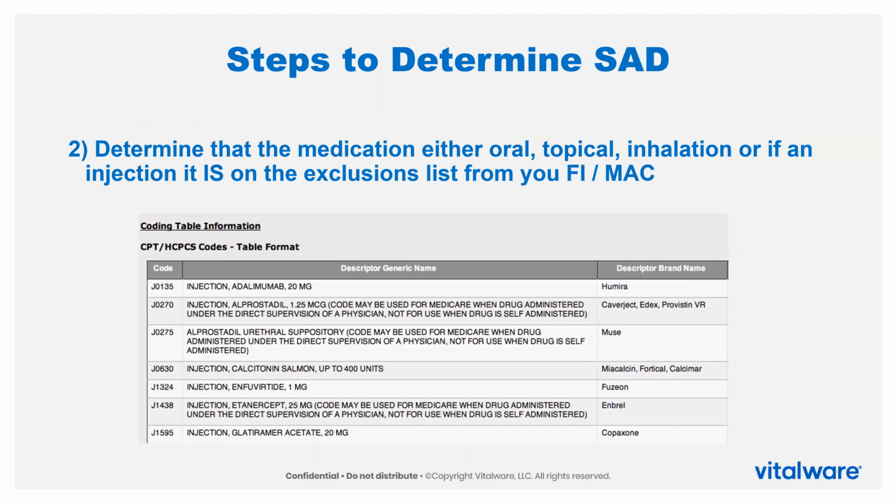You have to determine, first of all, if it's oral, topical, inhalation. So you're going to need the right J code, the right name, and the right NDC. You're going to have to find that out. If the J code is, in fact, assigned to an IV drug, and it really was misassigned and it's an oral, then you're going to have a problem.